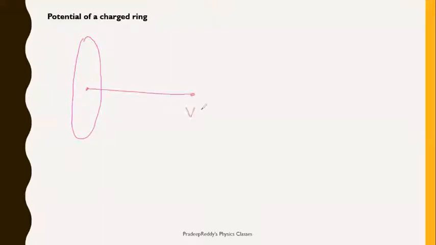Here you want to find the electric potential. This is a ring of radius R, and here is x. This is the point where you want to find the potential. This total has charge Q, and its total length is 2 pi R.